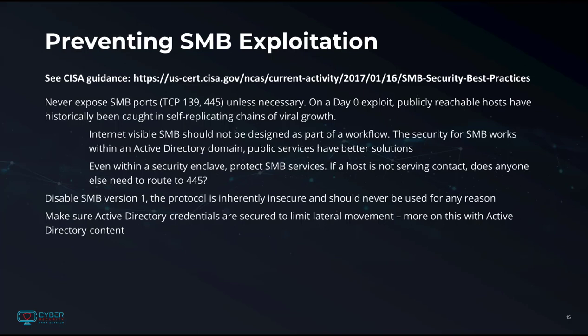Now, this should be disabled by default on most modern hosts, but you want to double check that. The protocol is inherently insecure and just really should never be used for any reason ever. You also want to make sure that Active Directory credentials are secured to limit lateral movement, but we'll talk more about Active Directory exploitation when we do a whole unit on Active Directory.